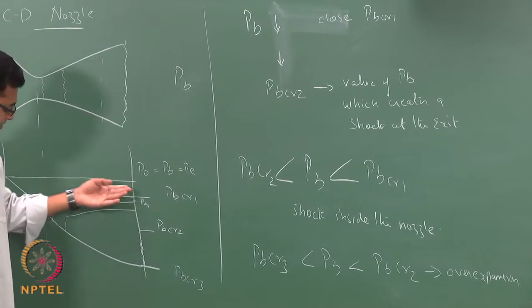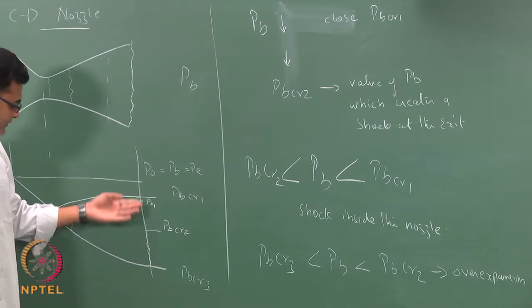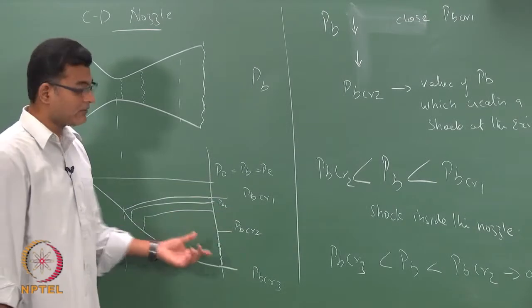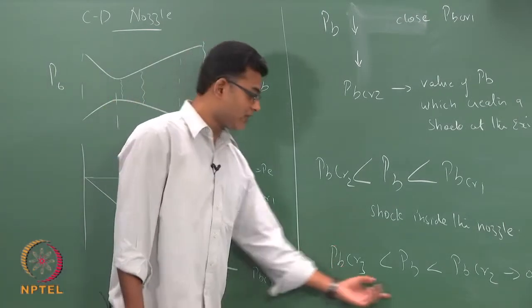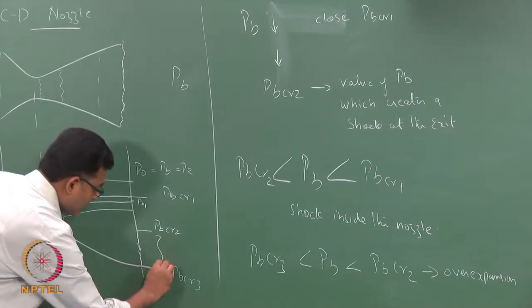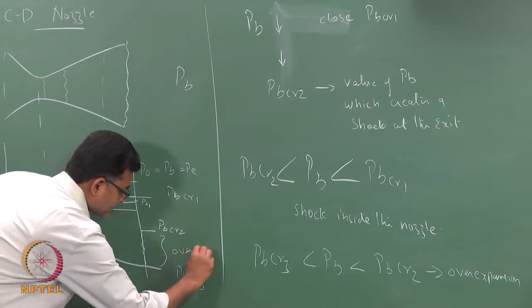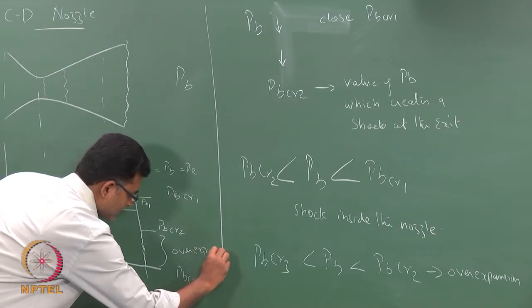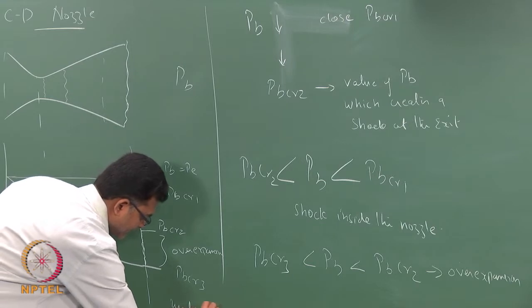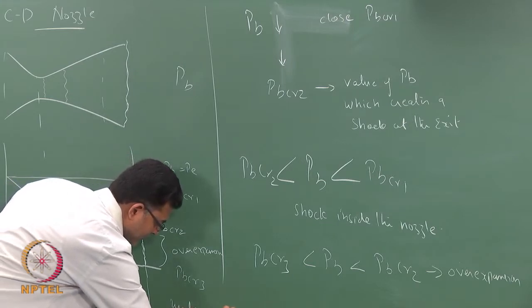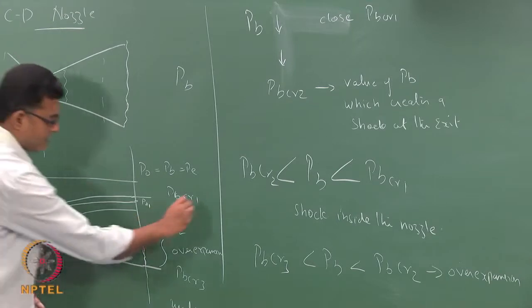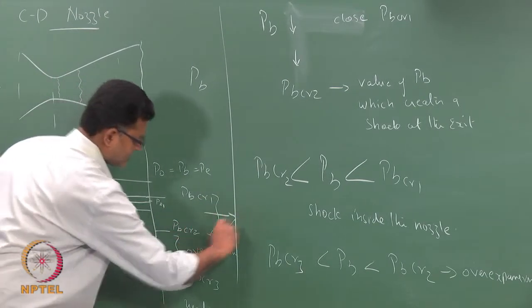Earlier we had said the overexpansion is for PB somewhere between these two values. Now, we are narrowing it to this particular case where you have an overexpansion. If I reduce it further, I will have underexpansion, which is again something that happens outside the nozzle. We will discuss it later. For the time being, we are going to discuss this case.